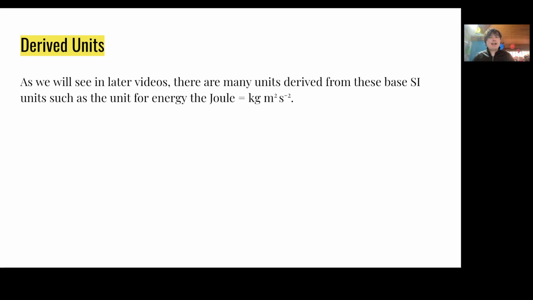For example, if I have an engine and it generates 100 joules of power, that's pretty easy to say and write. But if I were to use the SI base units for the same amount of power, I would have to say, okay, this engine has 100 kilograms meter squared per second squared of power. And that's much more difficult, as you can probably tell.